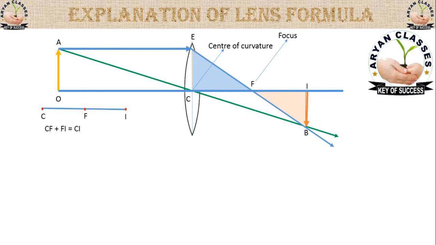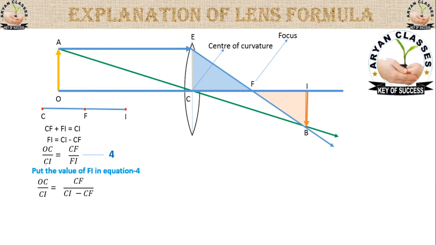Here CF plus FI equals CI, or FI equals CI minus CF. Now we go to the fourth equation. Put the value of FI in equation 4. The equation is OC upon CI equals CF upon CI minus CF. This is equation 5.